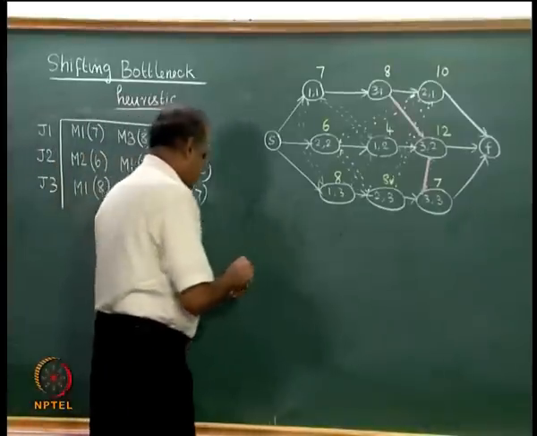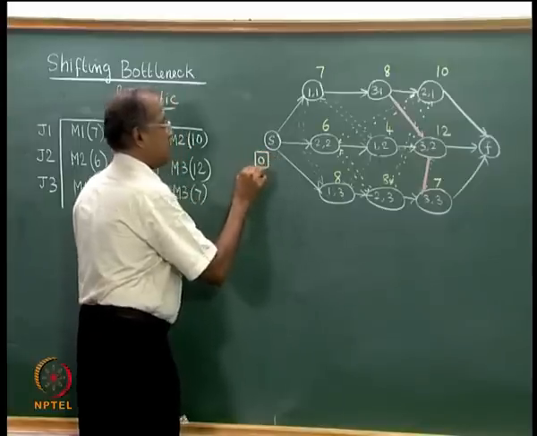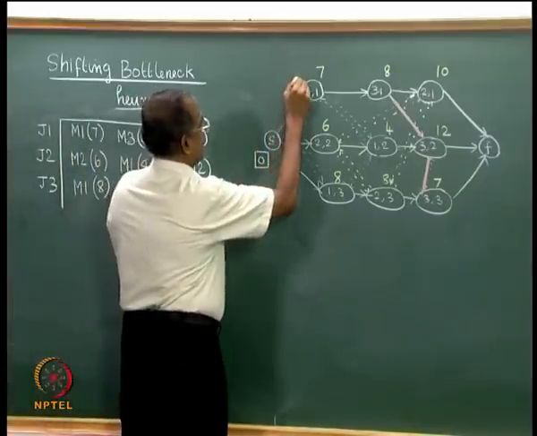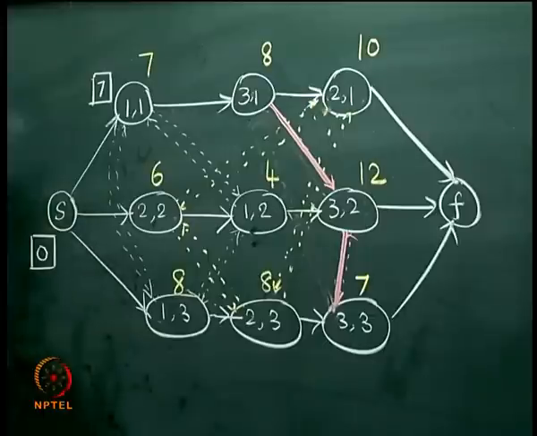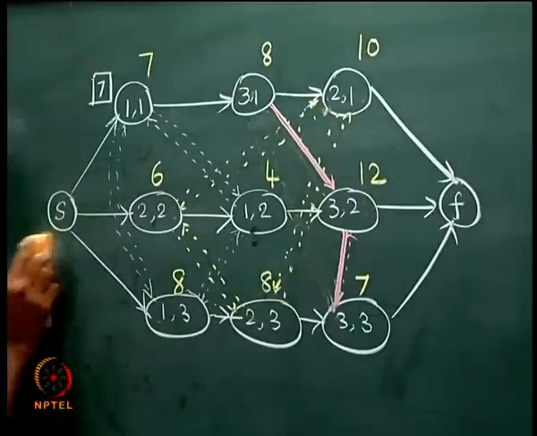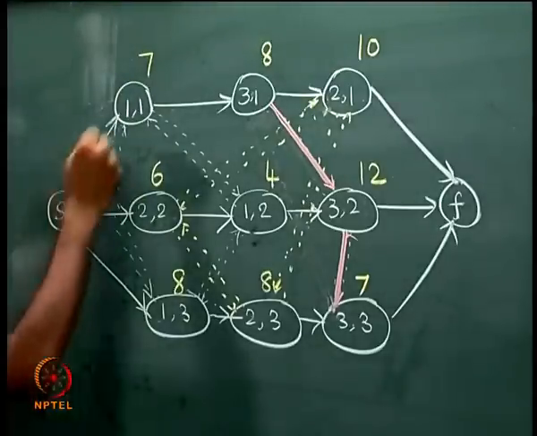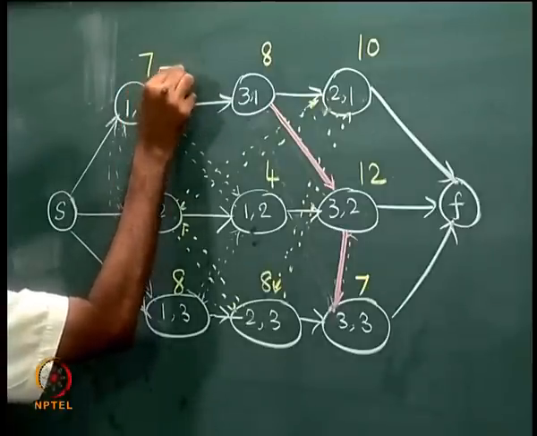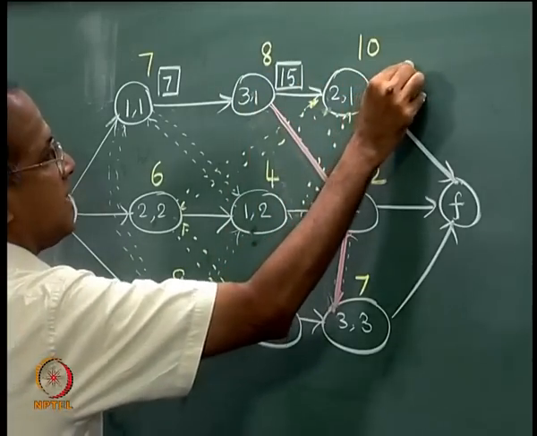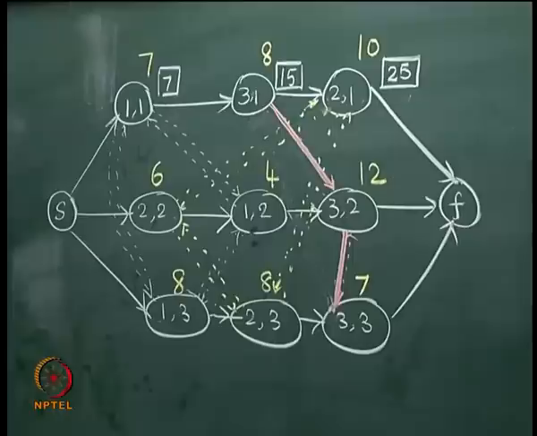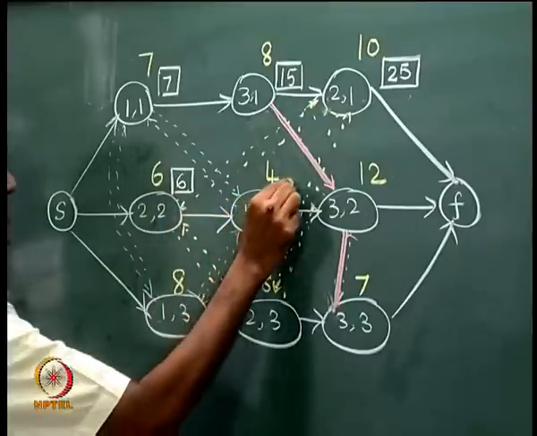So let us show that computation of the longest path on this network. Let us say we start with 0 for this. This comes at 7. It depends on how we write it, because it is an activity on node network, so we could say that this one finishes at 7. From here, 7 plus 8, 15, 15 plus 10, 25. Now this is 6, 6 plus 4, 10.